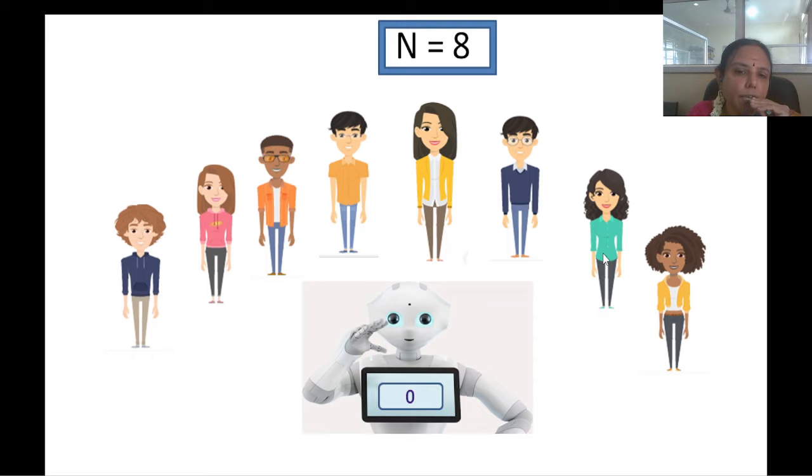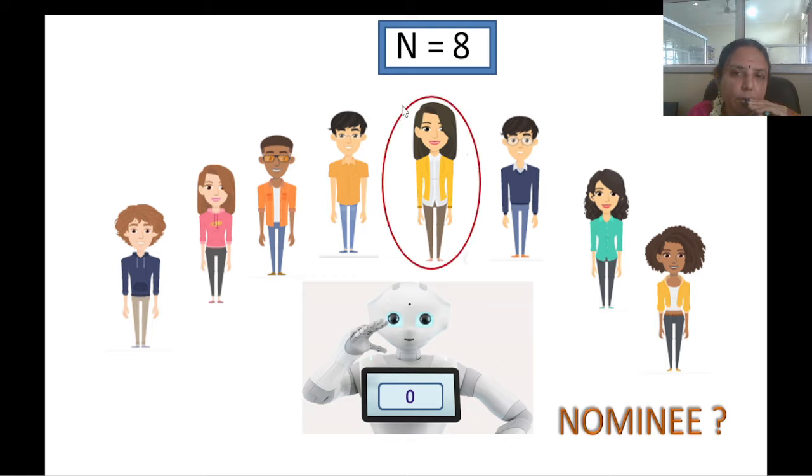Initially the count, that is the number of votes, is 0 and then you have to select who is the nominee. As I told you, 1 among n will be the nominee. Let us assume this person is the nominee.